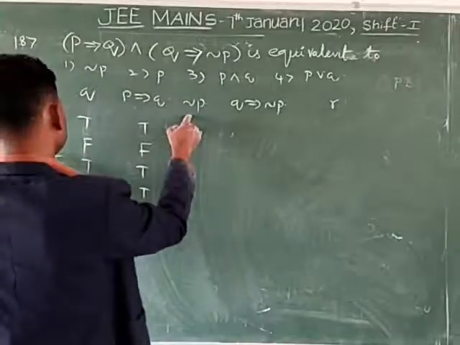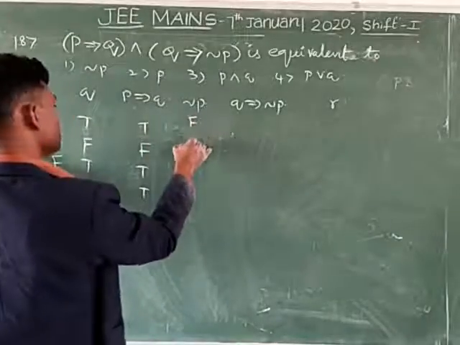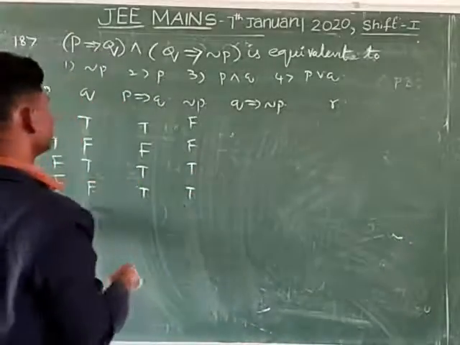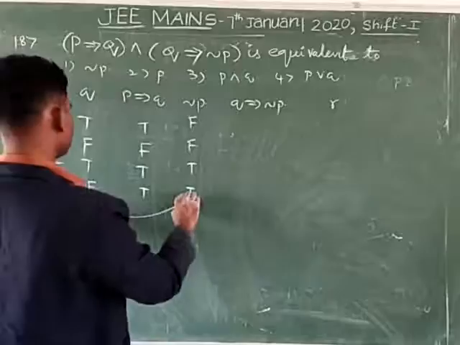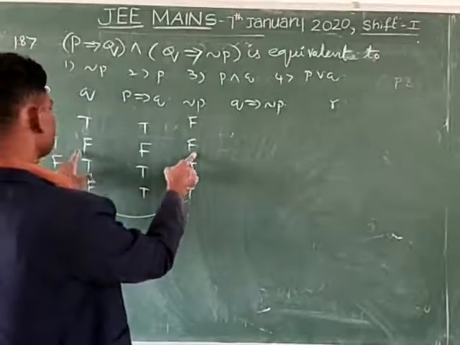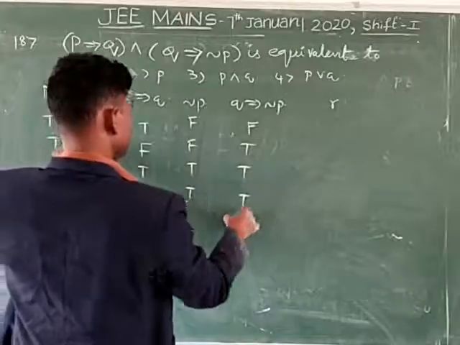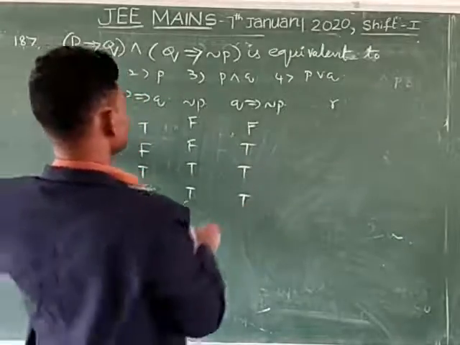Now negation P means F, F, T, T. Now Q implies negation P: here only F, T, F gives F, the remaining are T.